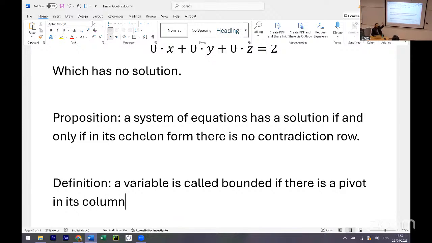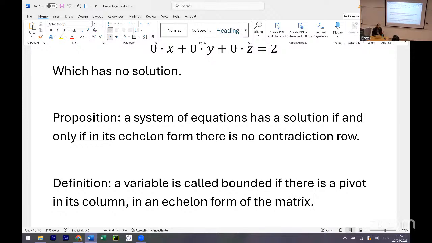Every column represents the coefficients of one variable. So if there is a pivot in its column in an echelon form of the matrix.